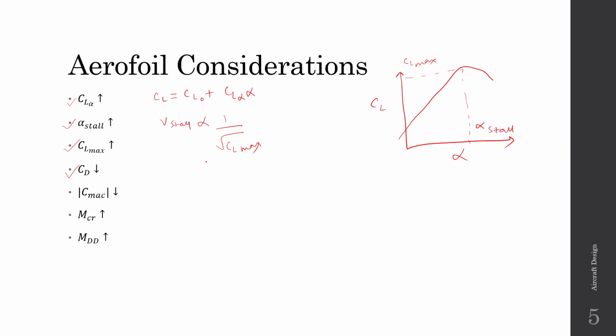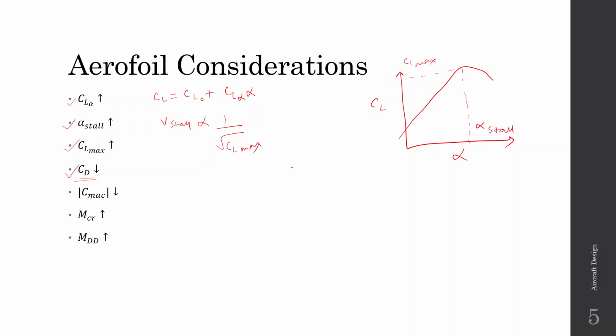Then we want CD to be as low as possible. So CD indicates the drag produced by the aerofoil. So remember that this is not the induced drag. This is different from induced drag.